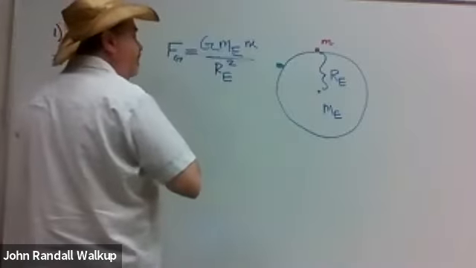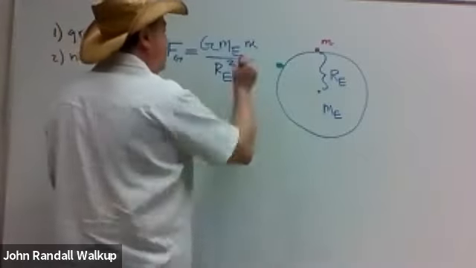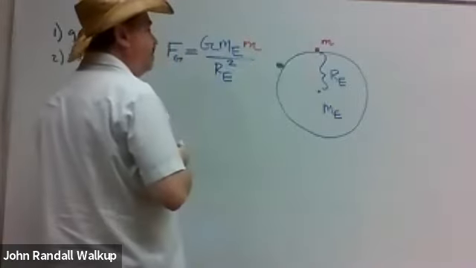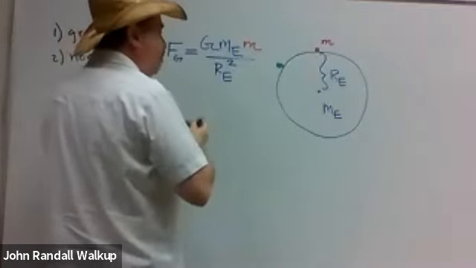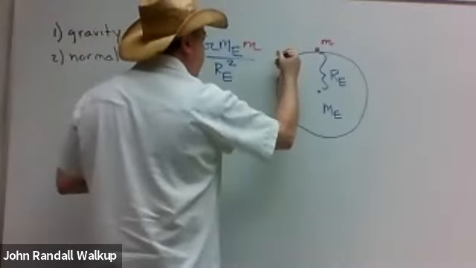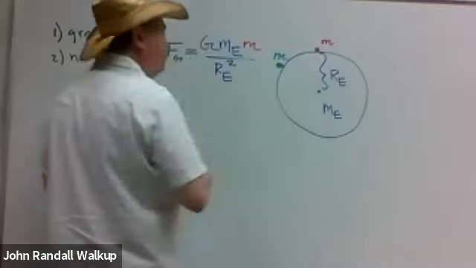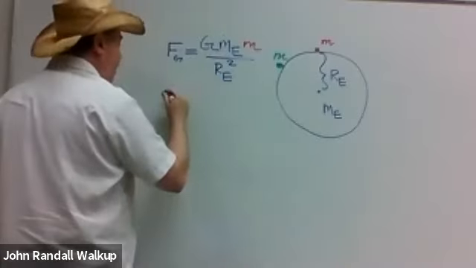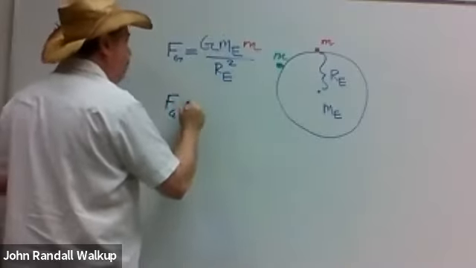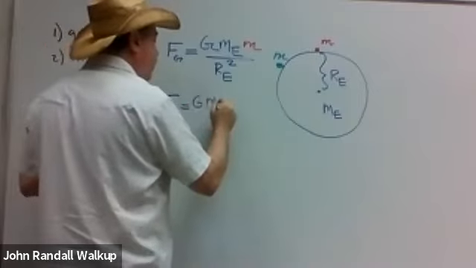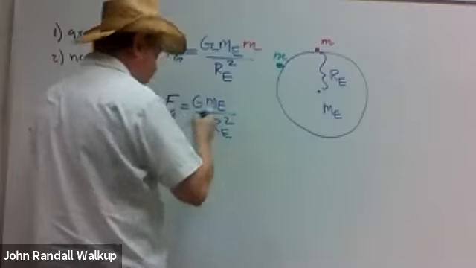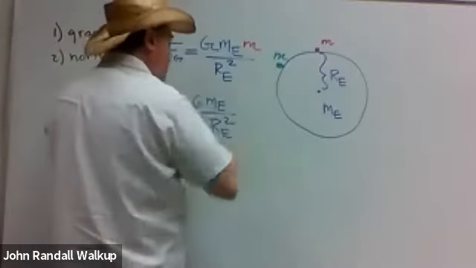I'll use the red m here for this body, and this one has a different mass, green M. So I write it down: I put G, this is big G, M_B, over R_E squared, times this mass.